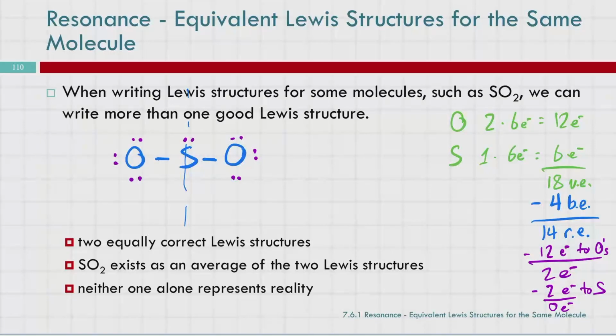Now we need to look at our octets. Our oxygens have octets. They've got 2, 4, 6 electrons from lone pairs plus another 2 in the bond. So both of our oxygens are good. Our sulfur, on the other hand, has 2, 4 from bonds plus another 2 from the lone pair. Sulfur only has 6, it needs 8.